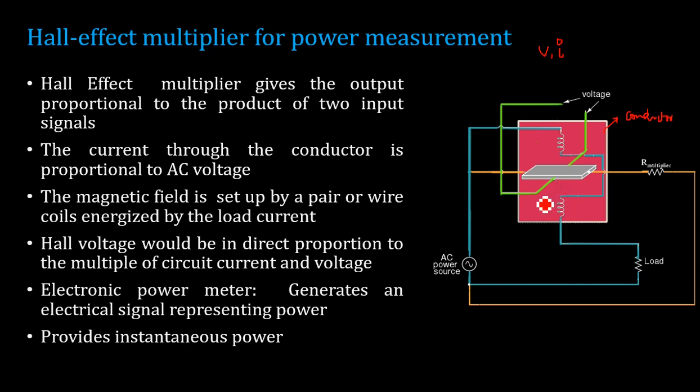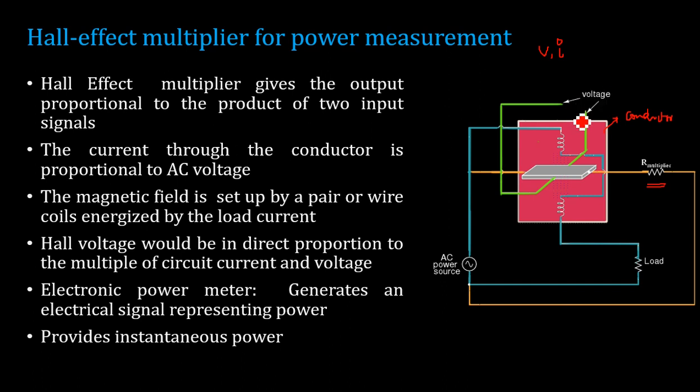This orange circuit shows the voltage circuit, where a voltage proportional to the AC source voltage is applied across this conductor. A multiplier resistance, R multiplier, is provided to limit the current through this, and this green circuit shows the output that is being measured.